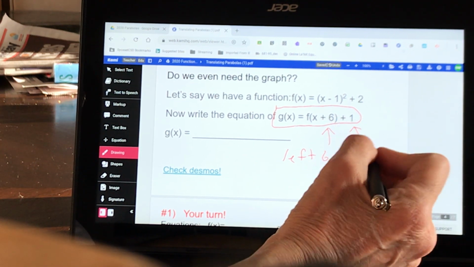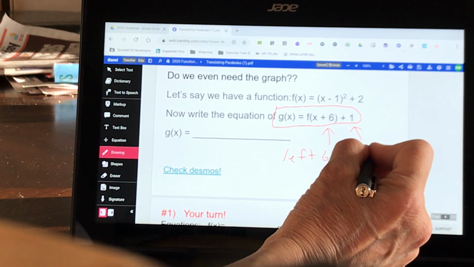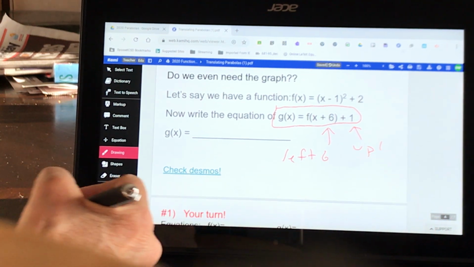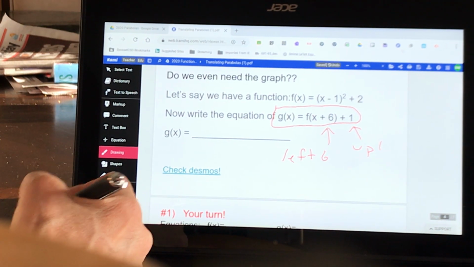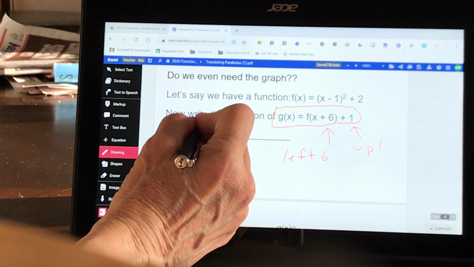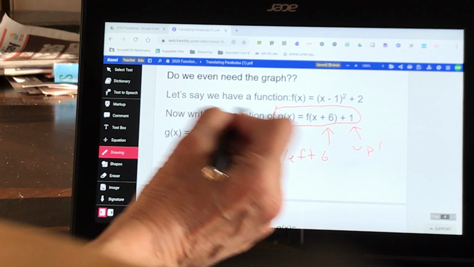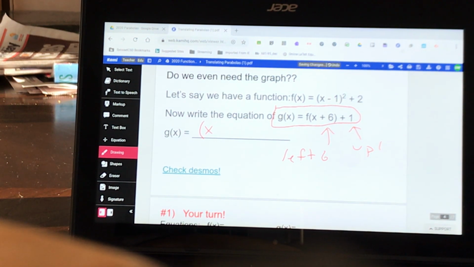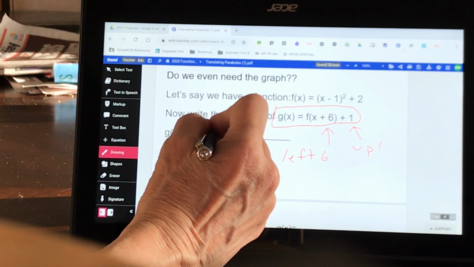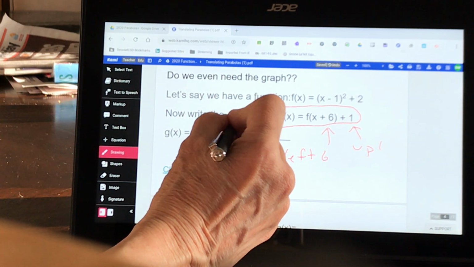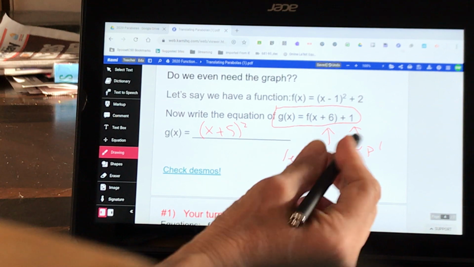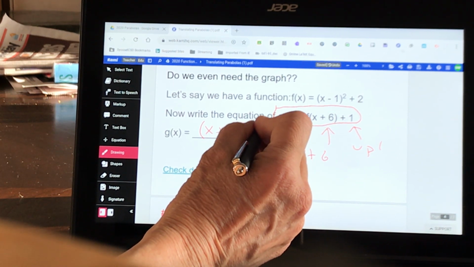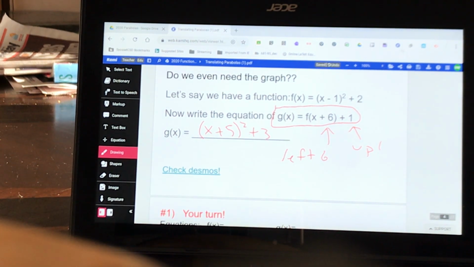And the 1 tells me that it shifted up 1. But we don't need the graph to write the equation. All we need to do is add 6 to the -1 that went with f of x. So now we have x plus 5 squared, and add 1 to the 2, plus 3.